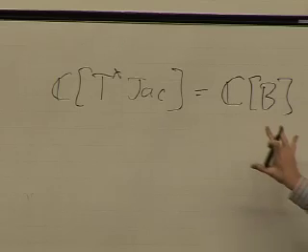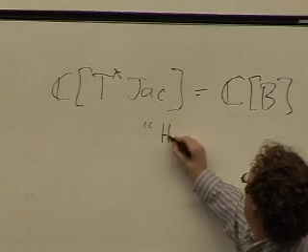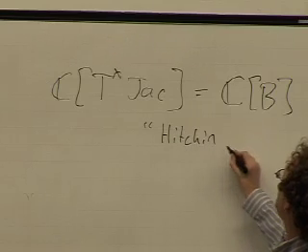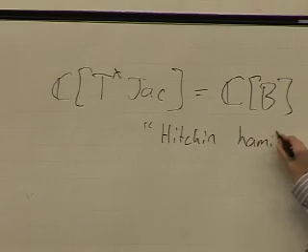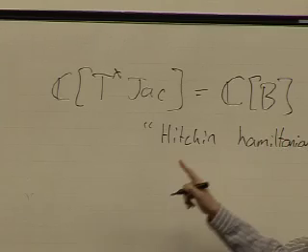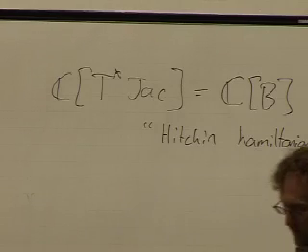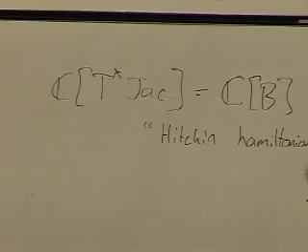This is the abelian version of what we'll call the Hitchin Hamiltonians. When you pull back, they all Poisson commute, and they define some commuting flows that are translation along the fiber, if you're familiar with the integrable systems picture.